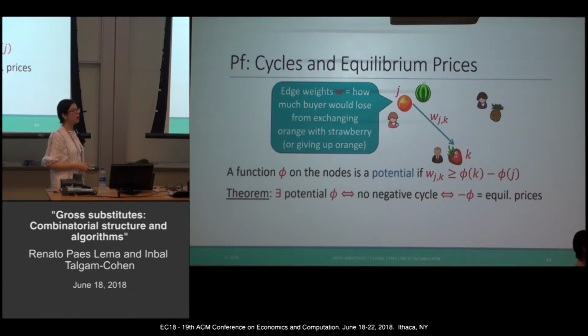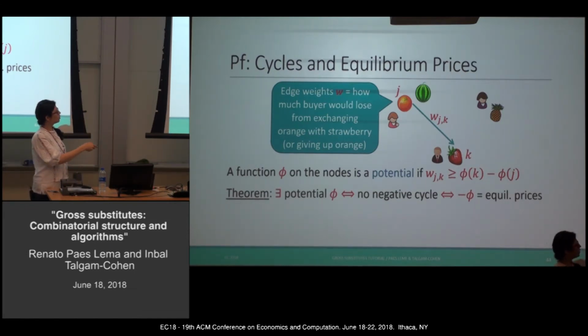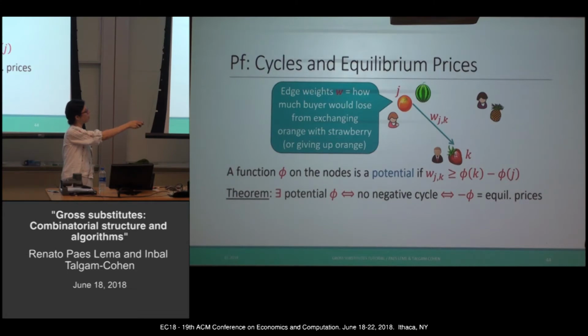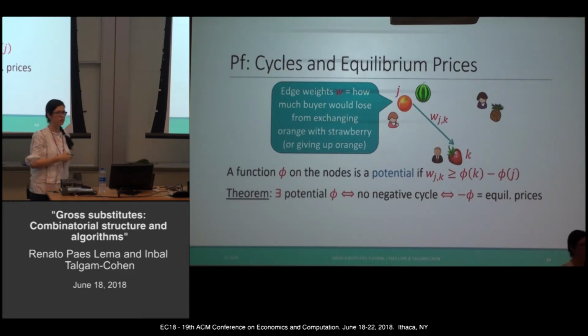OK, now a theorem that we saw in the previous part is the following. So in this exchange graph, there exists a potential, where a potential is a function on the nodes such that the weight on every edge is at least the difference in potentials.